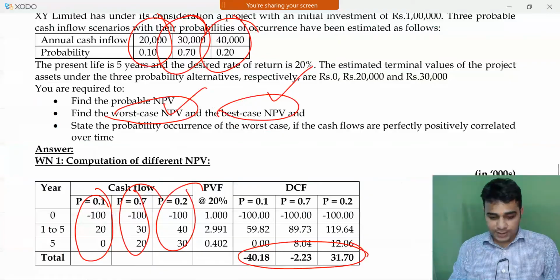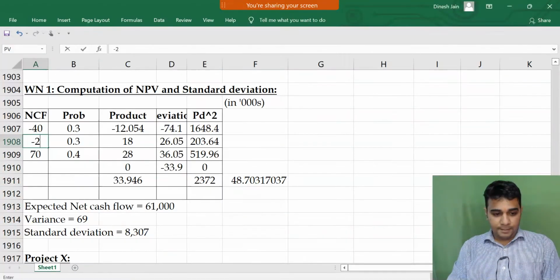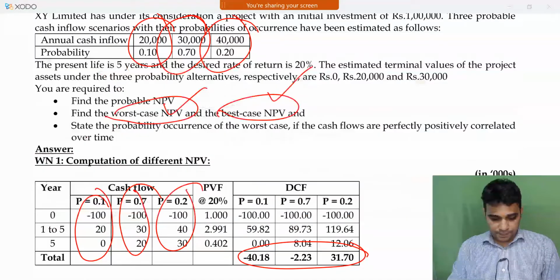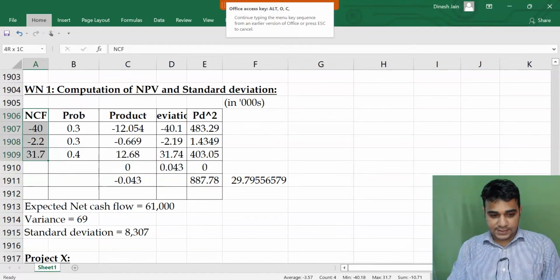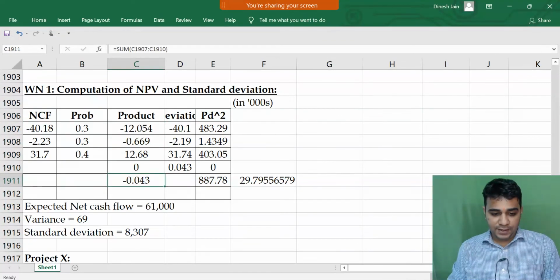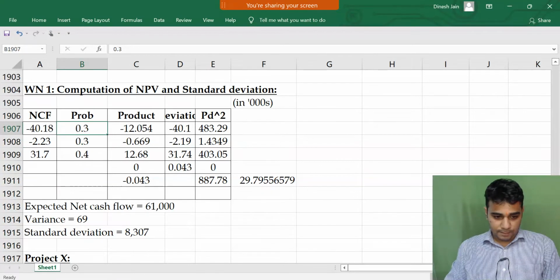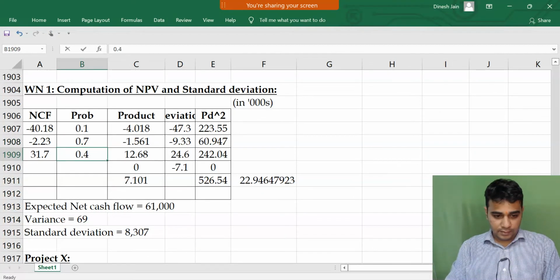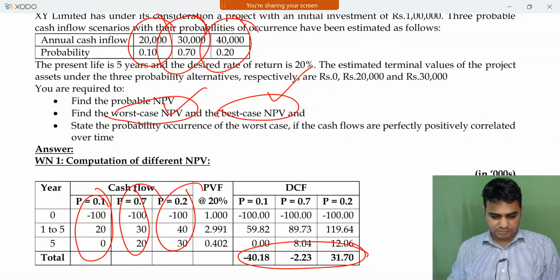I am going to write minus 40.18, minus 2.23 and 31.70. The expected NPV is, with probabilities 0.1, 0.7, 0.2, only 761.